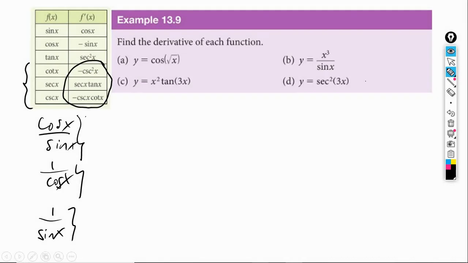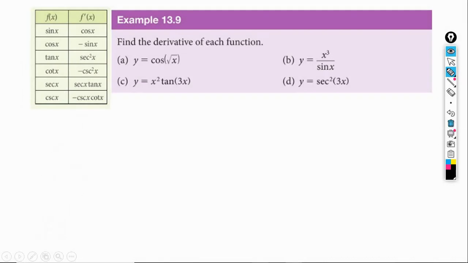All right, so now we're going to focus on example 13.9. So let me get rid of this. Okay, so for A, we have that y is equal to cosine of the square root of x. That means that we will have to apply the chain rule.